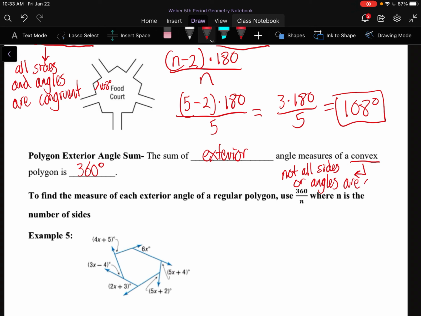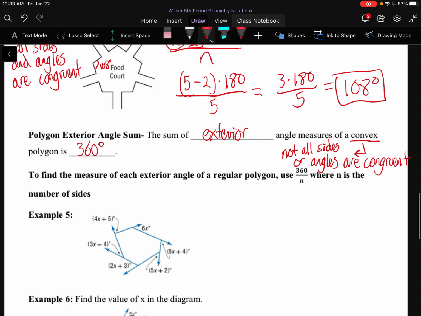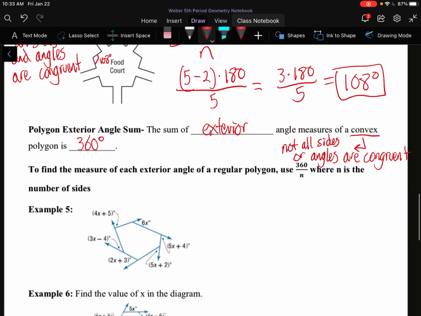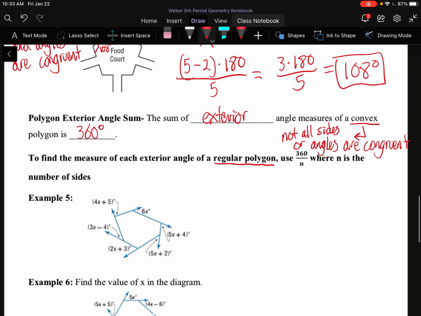This is different than a regular polygon. A regular polygon, all sides and angles are congruent. If we have a convex polygon, then not all sides or angles are congruent. Next, to find the measure of each exterior angle of a regular polygon, use 360 divided by n, where n is the number of sides.